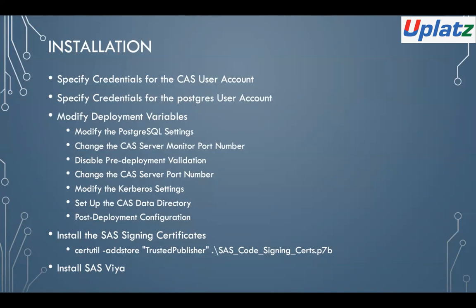And finally, we will move towards installing the SAS Viya platform. How are we going to do that is we will go to the installation location directory where you have the uncompressed SAS Viya deployment script zip file that you created earlier.